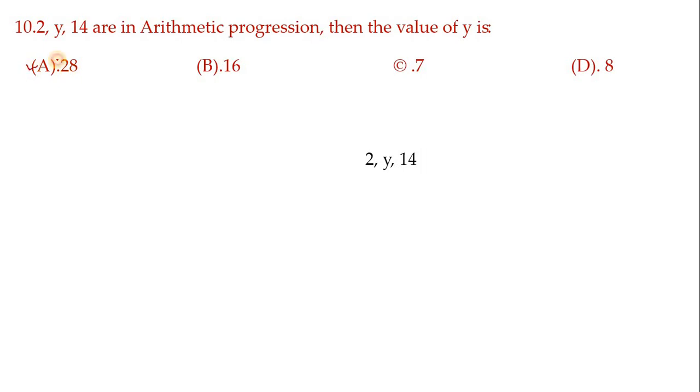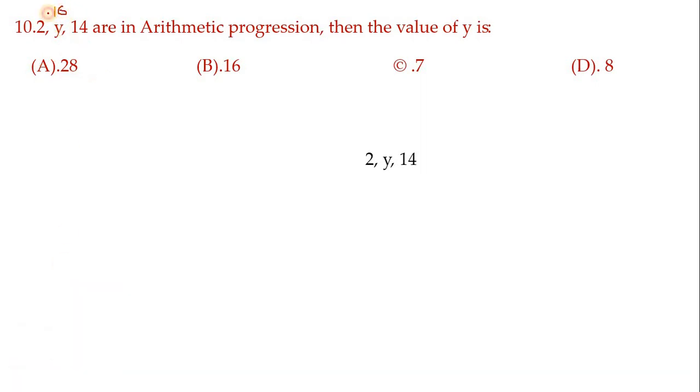See, the first option is 28 there. So here if you write 28, this is impossible. See here, an arithmetic progression should be either in increasing order or decreasing order. See here, it is increasing and here it is decreasing. So it cannot be possible. Next, if you write 16, see what happens.